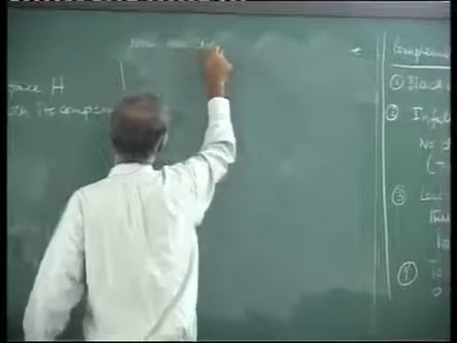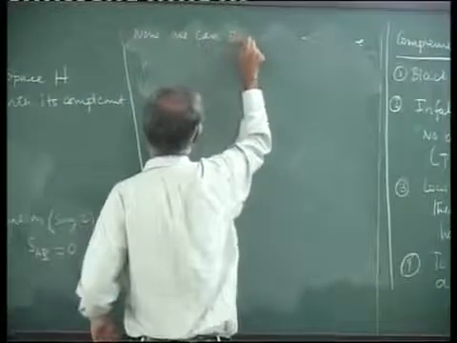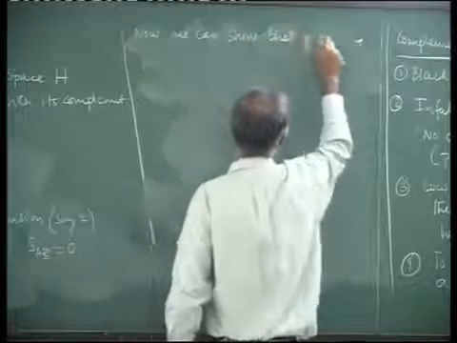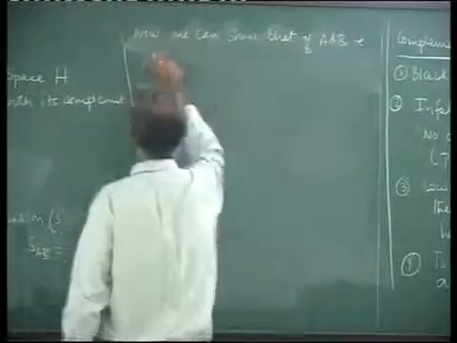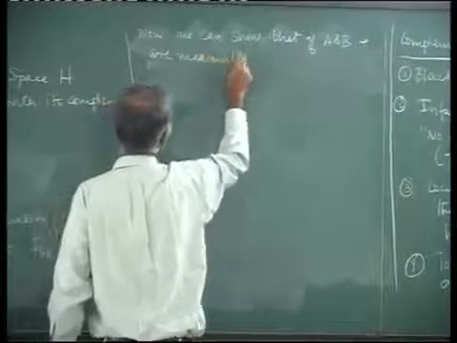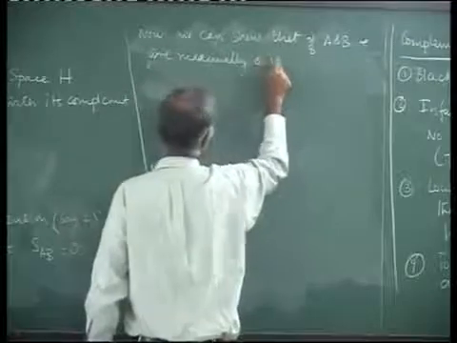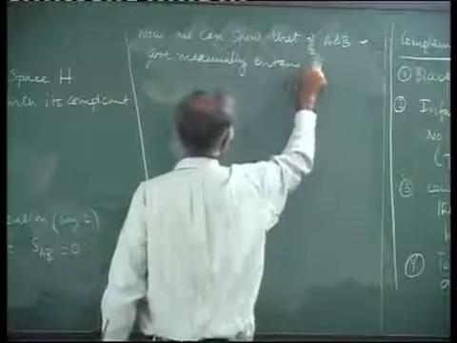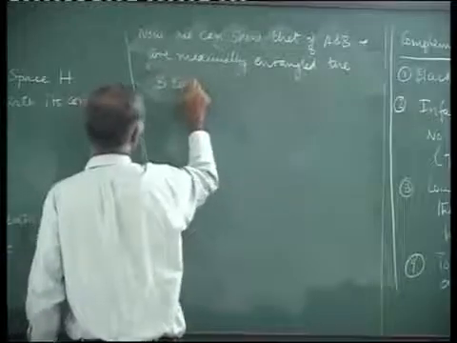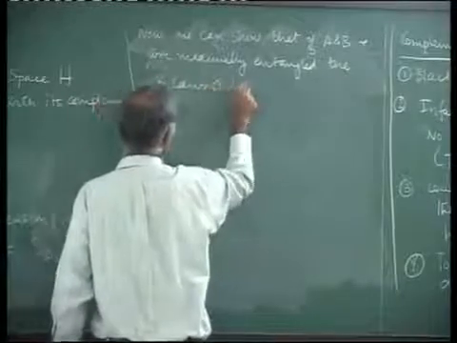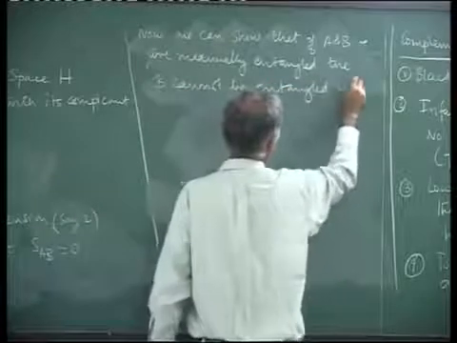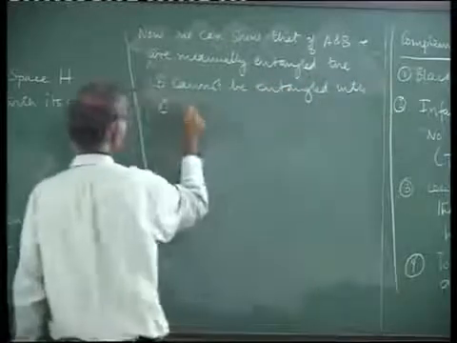quite simply, and I can do it in some lunchtime for you if you like, that if A and B are maximally entangled, then B cannot be entangled with C at all.